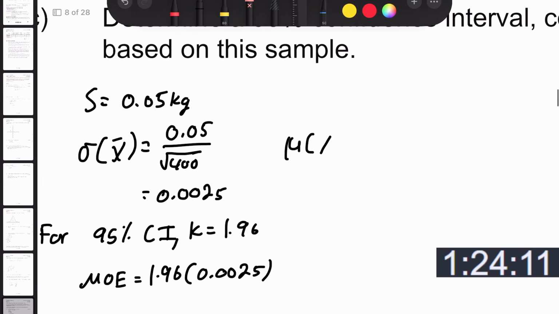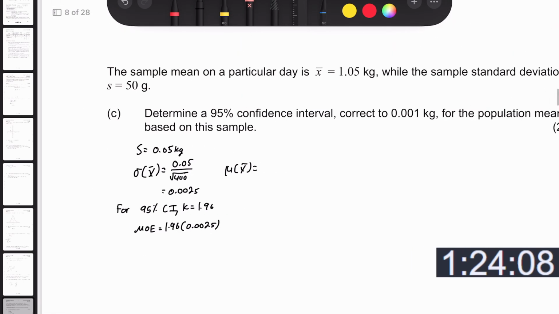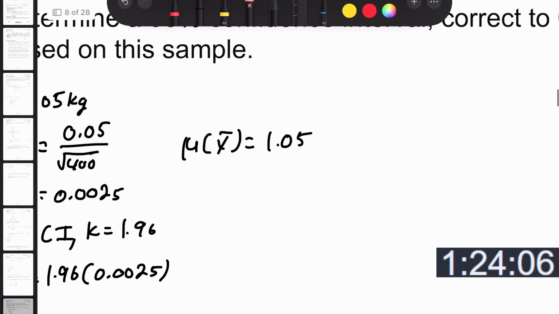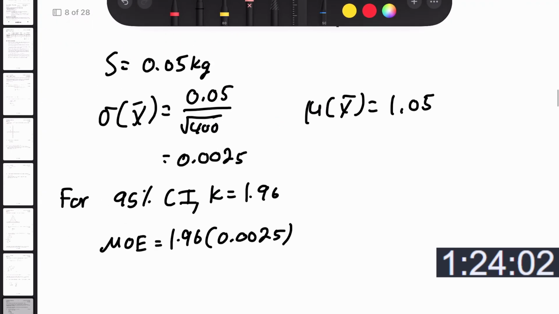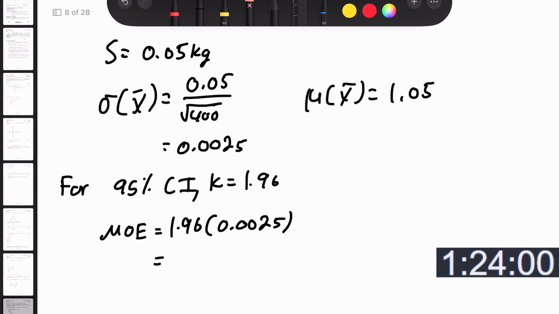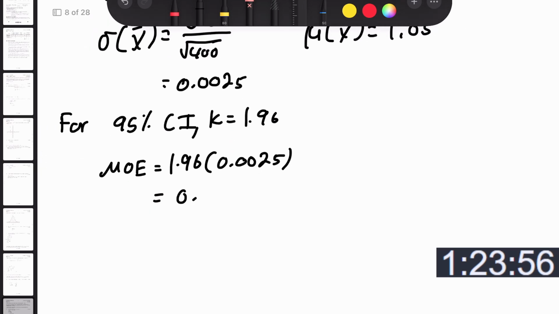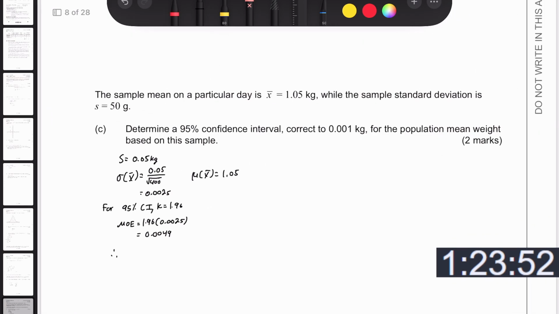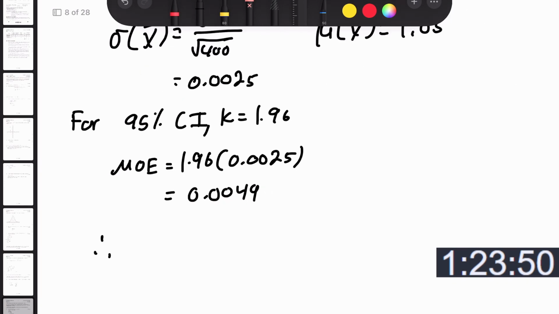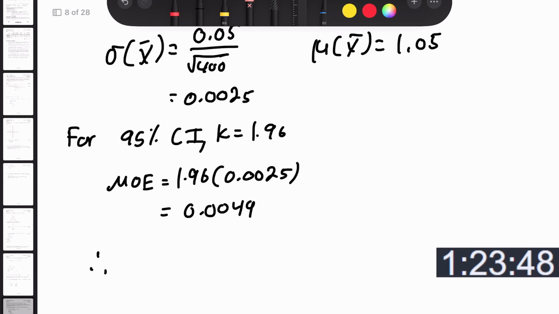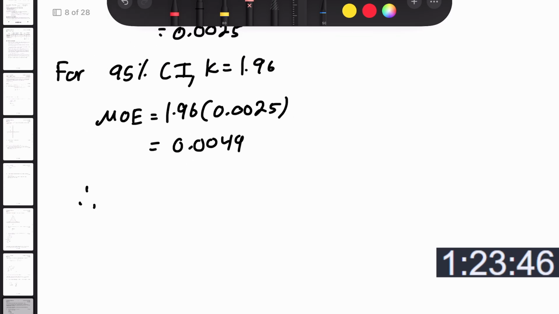We'll also say mean of x dash is equal to 1.5. So this is 0.0049. Therefore, it's 3 decimal places. So 1.05 minus 0.0049 is 1.045.